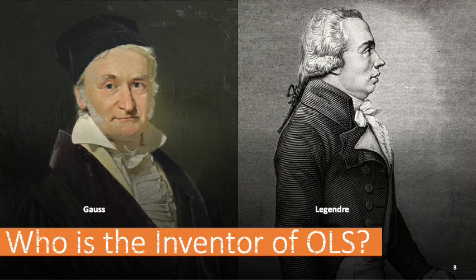Although there is no commonly accepted inventor of the least squares method, many mathematicians have developed this method in different contexts and times. The foundations of this method are based on the methods used to analyze observations in astronomy.